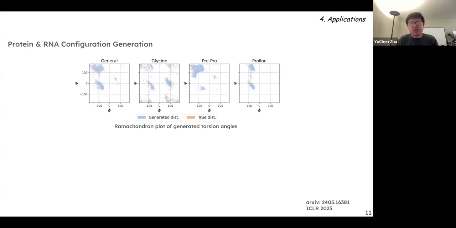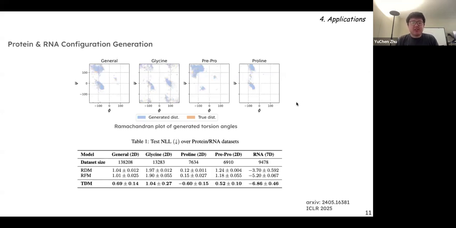You barely see the orange ones because there's a high overlap. So this means we actually learn the distribution very accurately. And this can also be seen from the fact that if we evaluate the test negative log likelihood on data sets, our method achieved very decent results, which outperformed these previous methods by a lot.